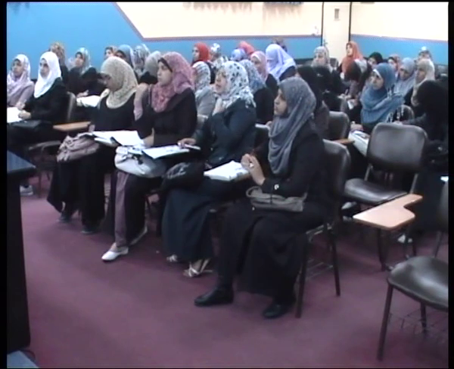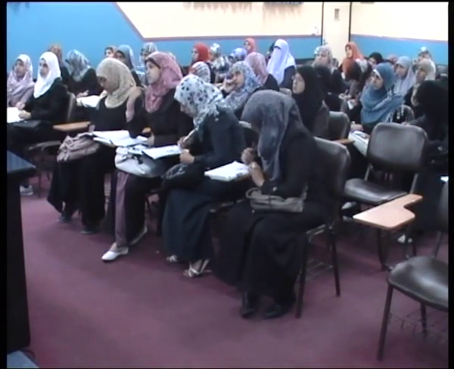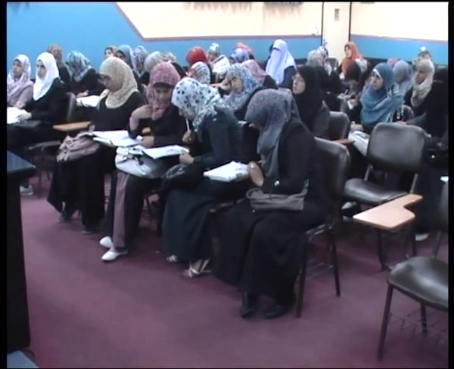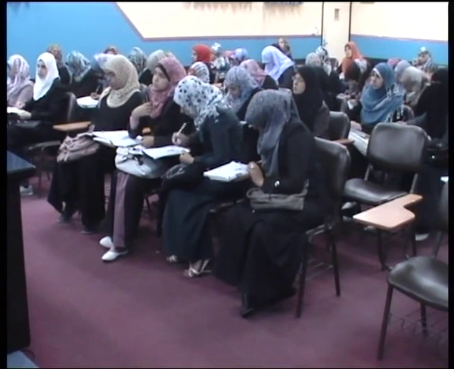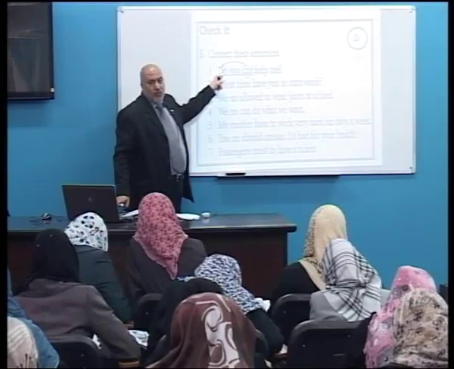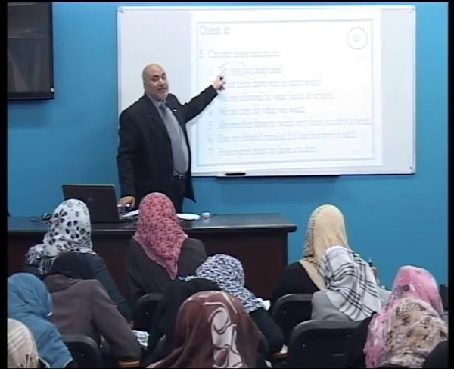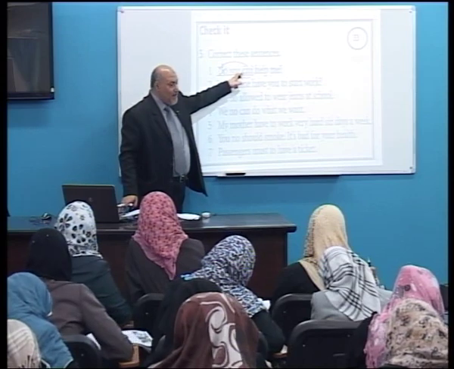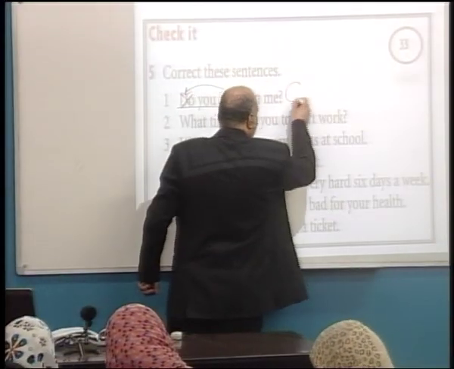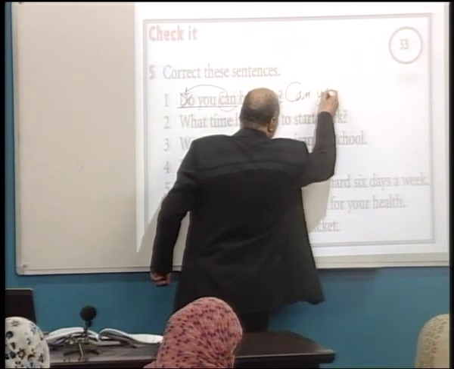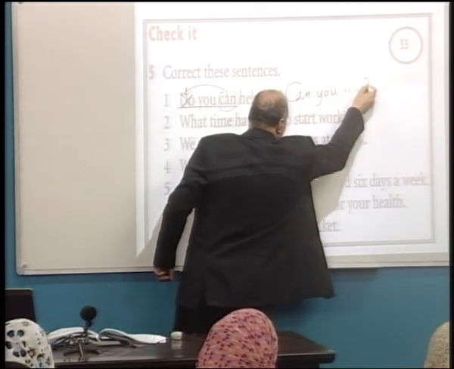We can use can. So, can you help me? Why? Because it is something like is, like was. But we don't use do. Why? Because do is for the full verb. This is an auxiliary verb. So the question is, can you help me?